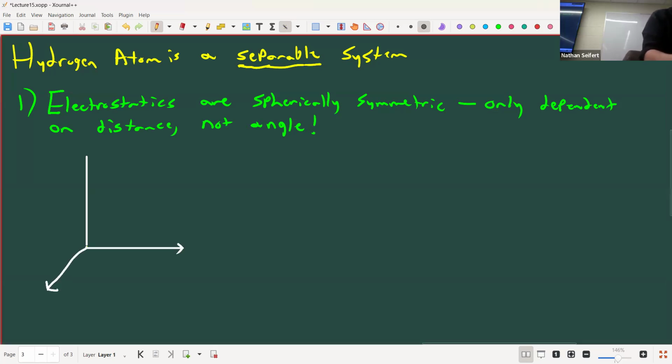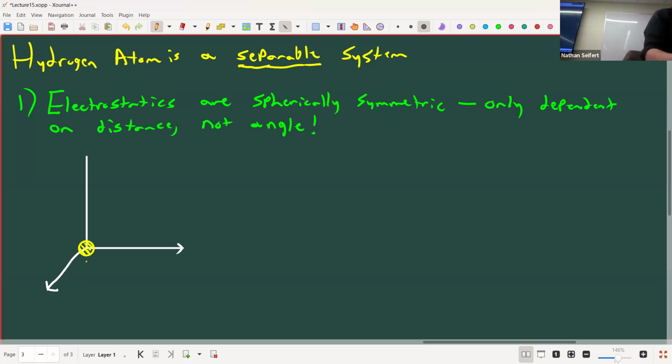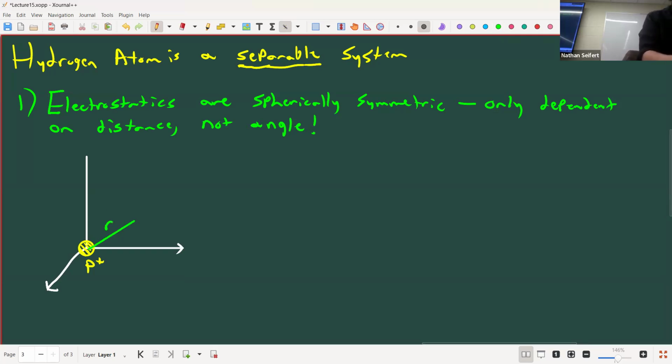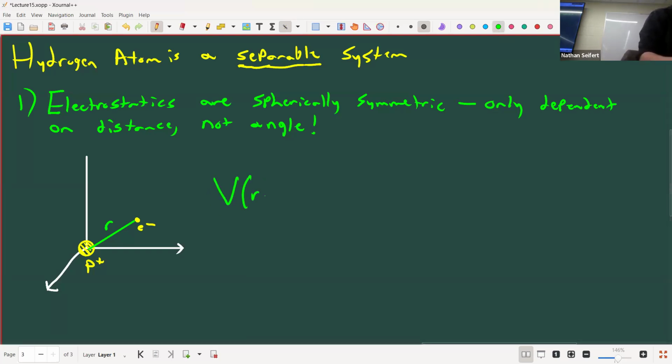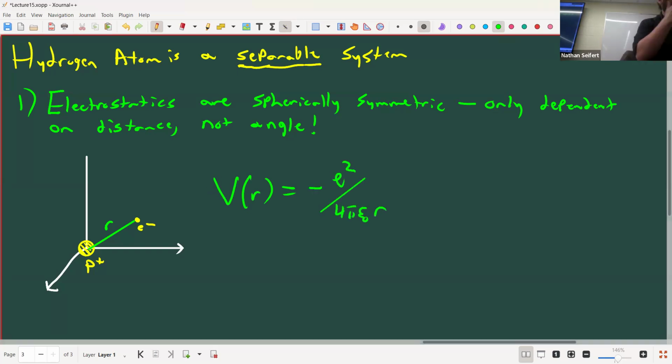If we have a proton in the middle, and we put the electron at some distance r, this has a potential, V of r, equal to minus e squared over 4 pi epsilon naught r. It doesn't really matter what angle relative to the z-axis the electron is at. It's angle independent.